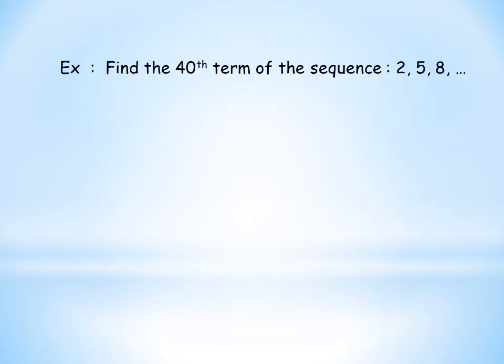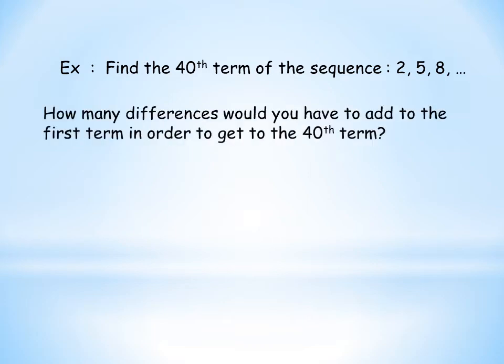So if I have an example that says find the 40th term of the sequence 2, 5, 8, first we have to figure out how many differences you would have to add to the first term in order to get to the 40th term. Well, if you have 40 terms, you actually have 39 differences.